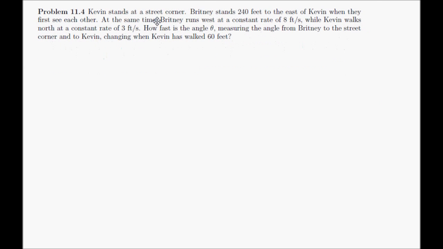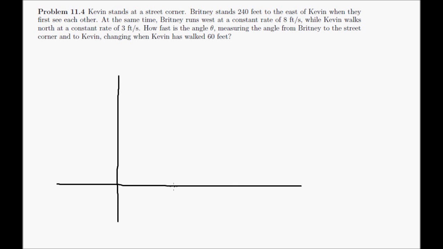Problem number 4 is a related rates problem. So we have a situation, we have a street corner. Okay, so Kevin starts here, Brittany starts here, and then Brittany comes to the west. So let me mark that in red.